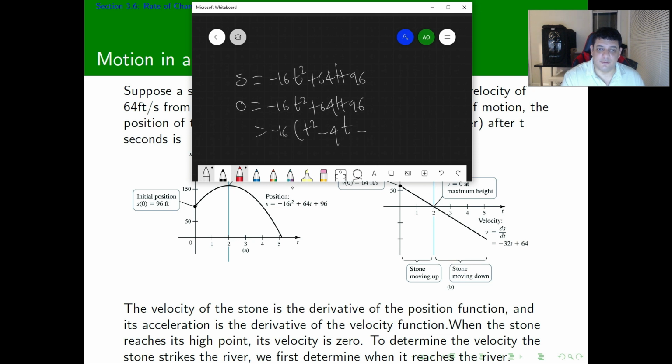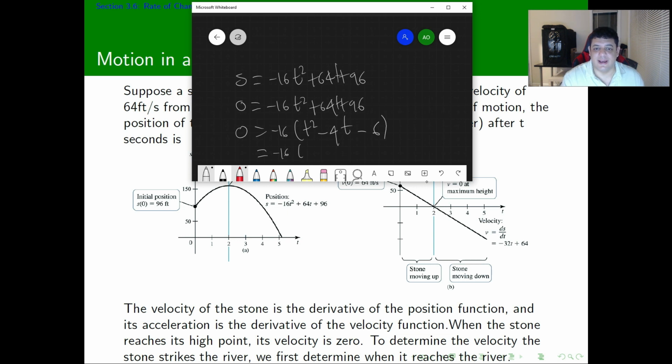And then minus, so if I divide 96 by 16, I'm going to get a 6. Now at this point, I can try to factor this polynomial into two numbers such that the multiplication is minus 6 and the sum is minus 4.